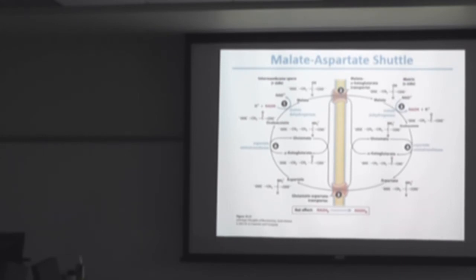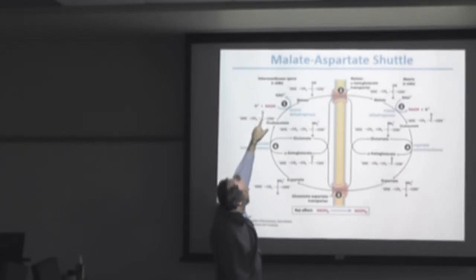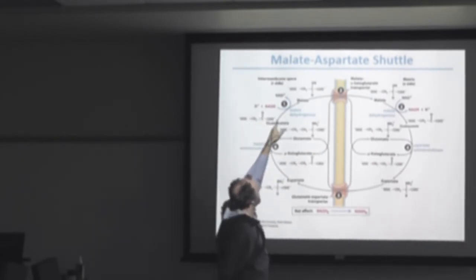And then we've talked about this before, right? The malate-aspartate shuttle, which basically has the net effect of taking NADH from the inner membrane space to the matrix. So we start off with NADH, because NADH won't be able to cross the inner membrane. NADH will reduce oxaloacetate to malate.